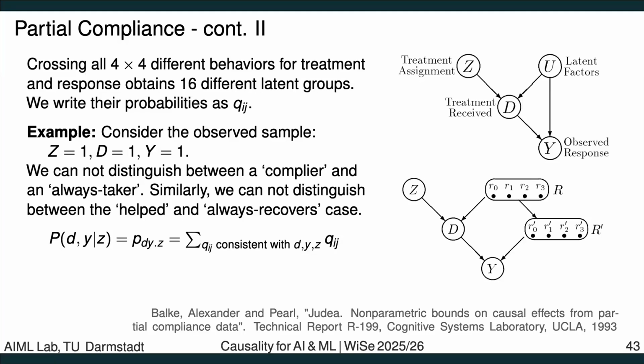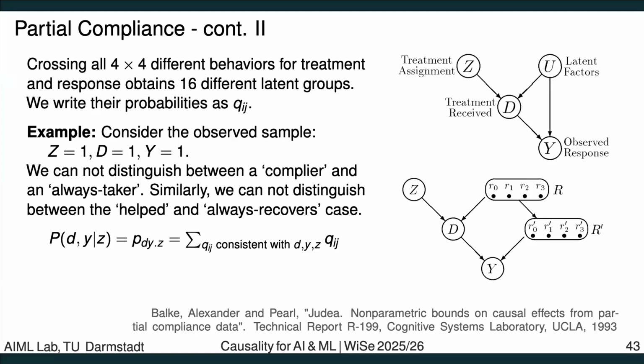An alternative consistent setting for this observation would also be that, sure, we assigned the treatment, but the patient would have taken the treatment anyway, whether or not we would have assigned it. And independent of whether or not the patient would have taken the treatment, he would have always recovered. So this is also a valid setting or value for our latent variable.